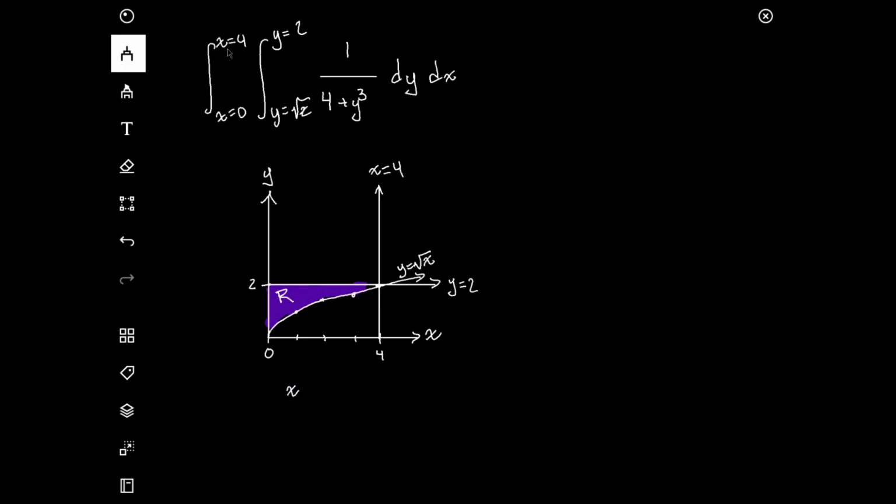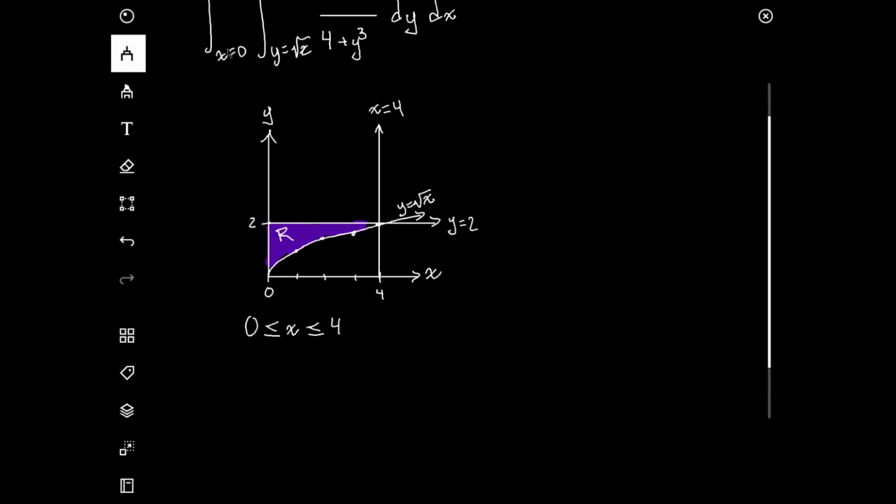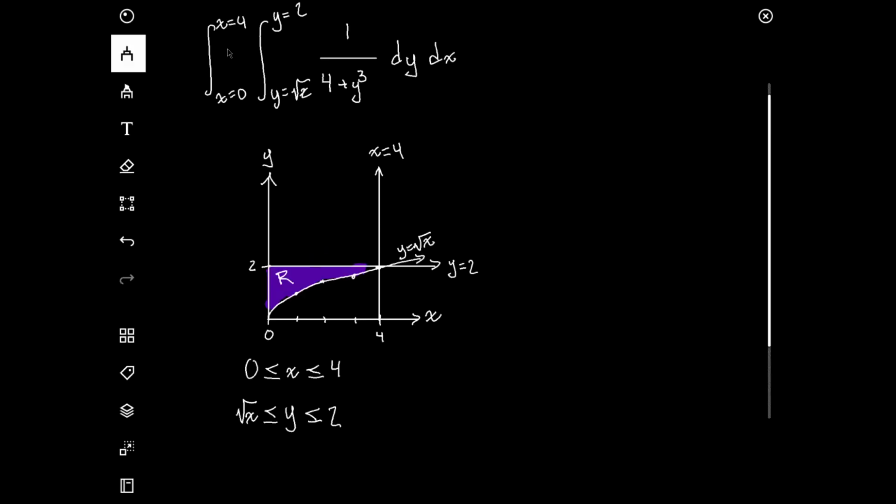So R is the area where X is greater than or equal to 0 and less than or equal to 4. And Y is less than or equal to 2 and greater than or equal to the square root of X. All right.